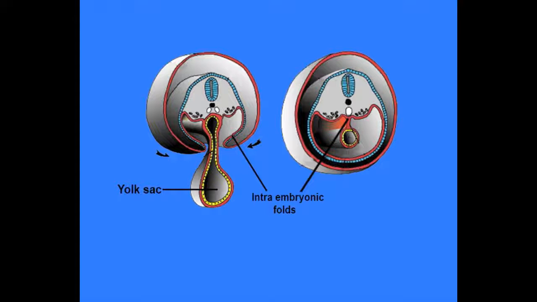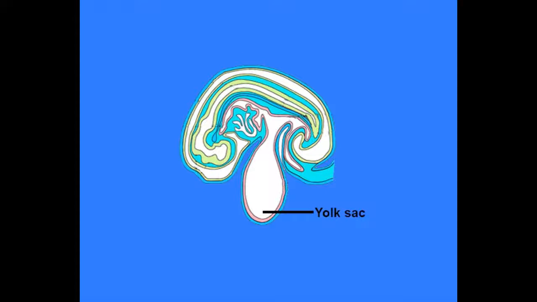The intraembryonic folds give rise to walled digestive tract or gut in the body of the embryo. The middle of the embryonic gut remains open to the yolk beneath. At this level, yolk sac is connected to the digestive tract by a constricted yolk stalk.